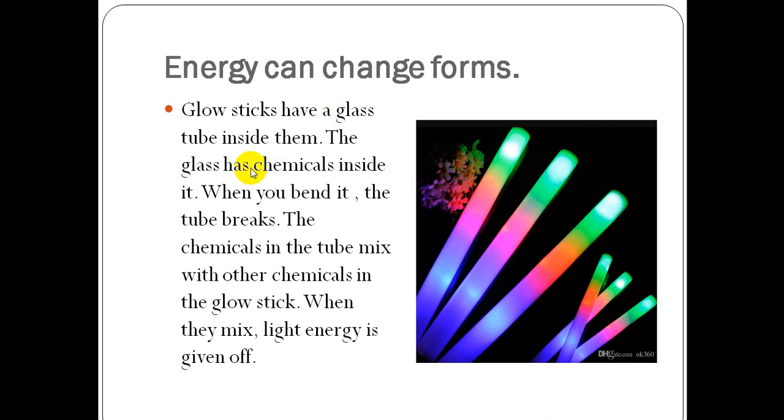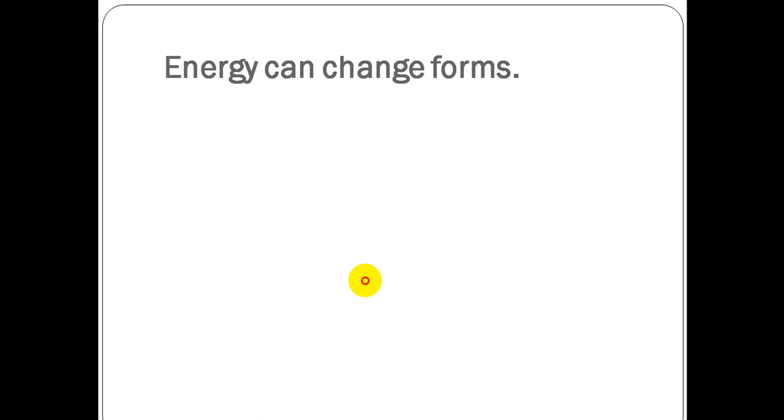When you bend the glow stick, the tube breaks, and the chemicals in the tube mix with other chemicals in the glow stick. When they mix, light energy is given off. So here, chemical energy changes into light energy.